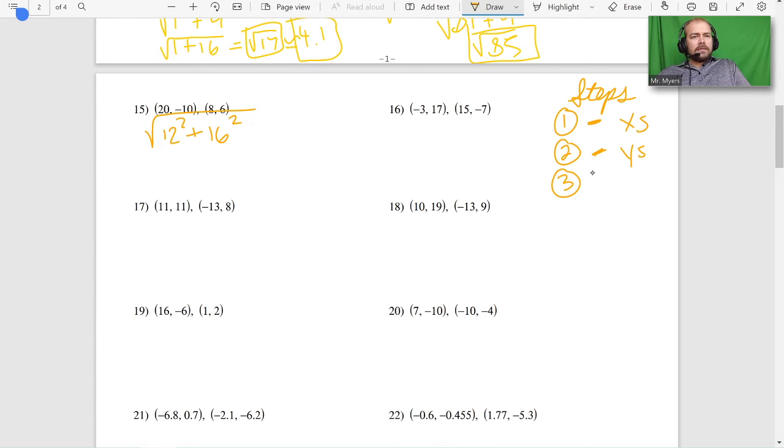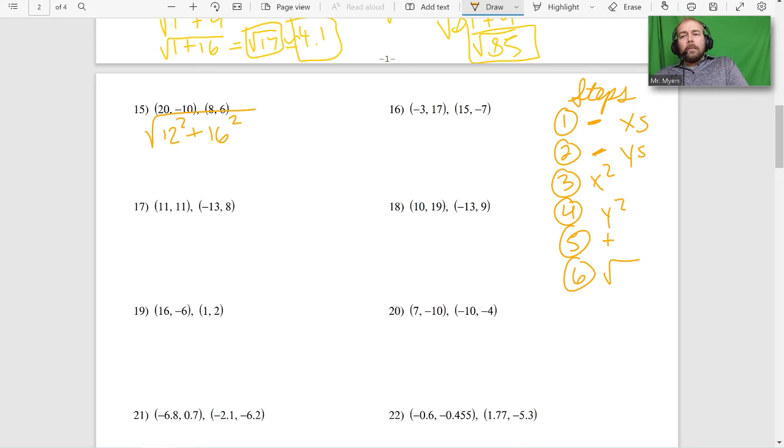Square the x's, so x squared, y squared, once you subtract them. And then add them, and then take the square root. In that order. So subtract, subtract, square, square, plus, root. There's like 6 steps. Minus, minus, square, square, plus, root.